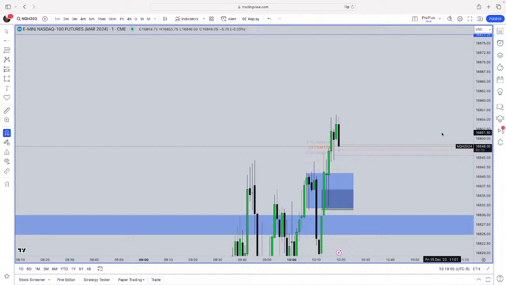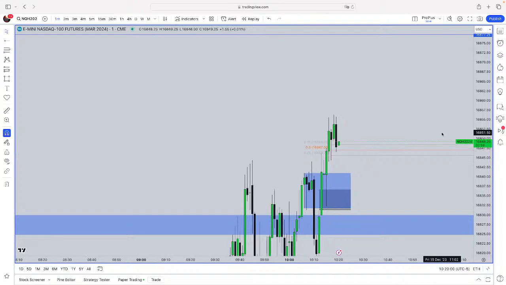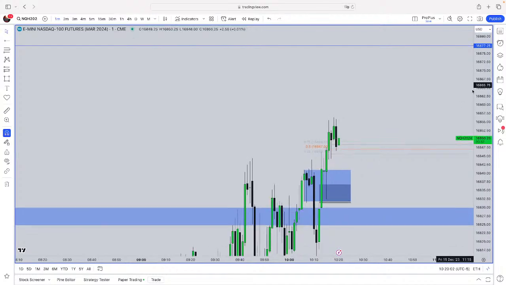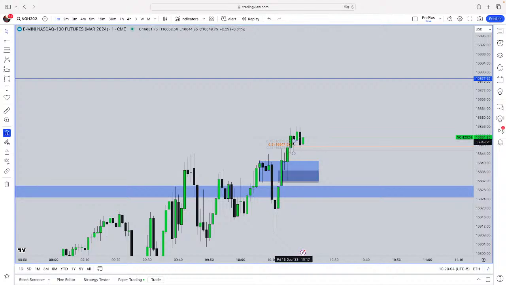Yeah, nice, Chaz, nice. Yeah, once you take partials, that's when you want to move your stops. You don't move your stops before you've taken partials. So I like how it's respected the consequent encroachment so far of the wick.